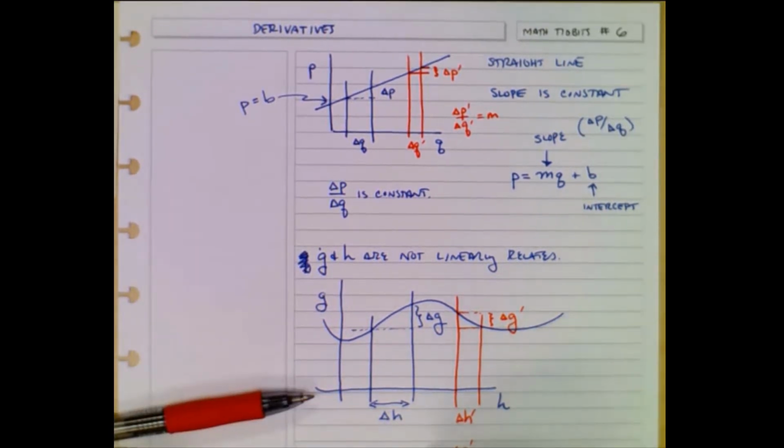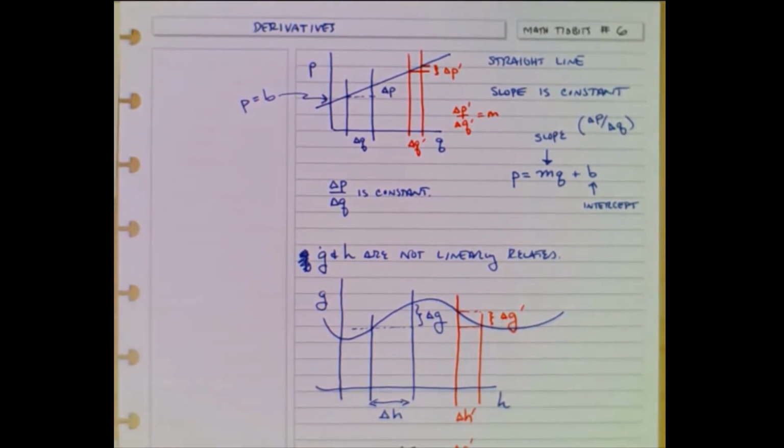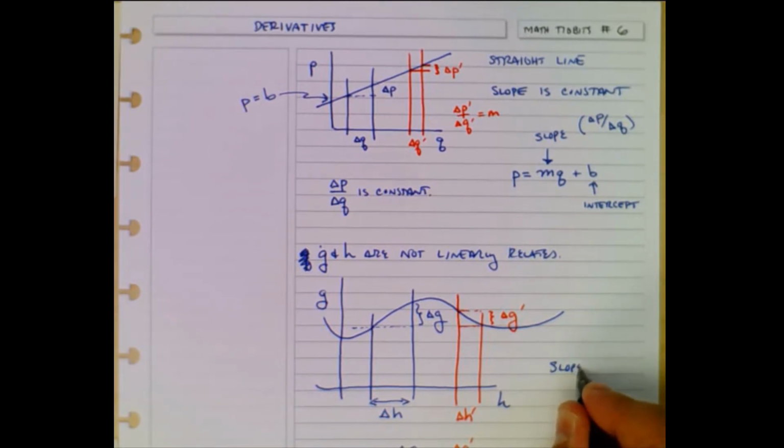We can see immediately that delta g over delta h is not the same as delta g prime over delta h prime. So the slopes there differ, right? The slope is not a constant.